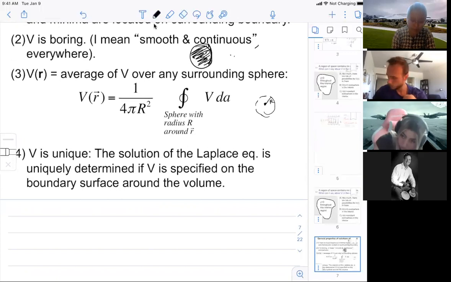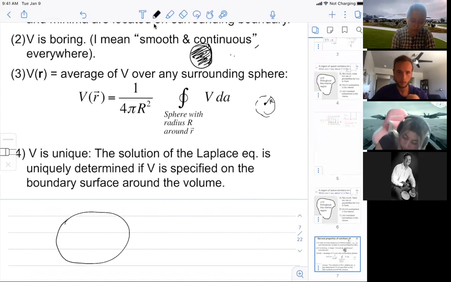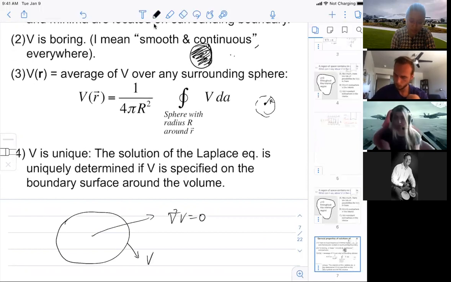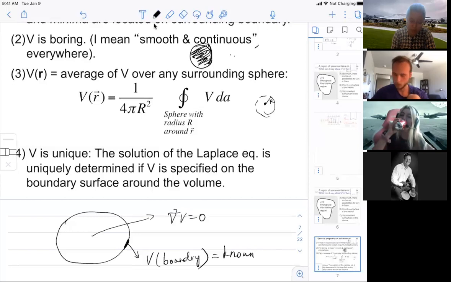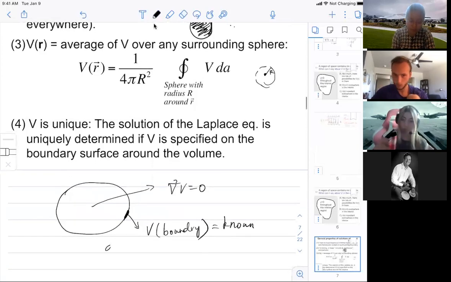So for example, if I tell you there is a region that satisfies the Laplace equation, and I tell you exactly what V is at the boundary, a known quantity or a known expression, then you can say, let me guess.